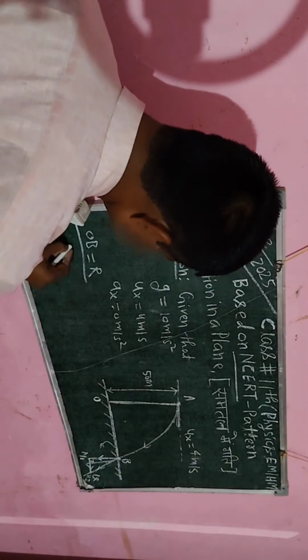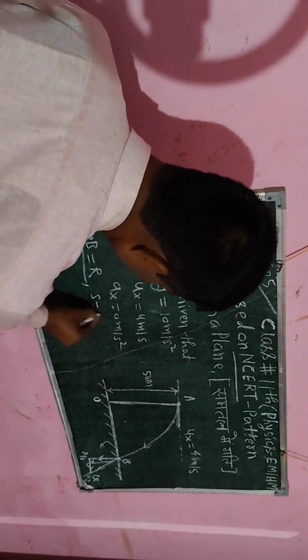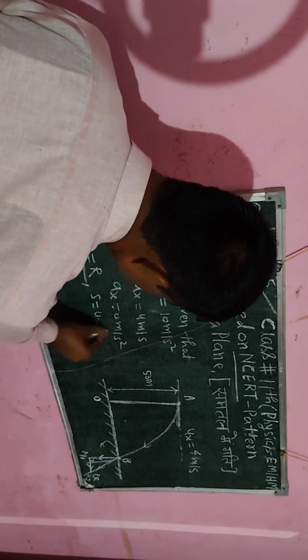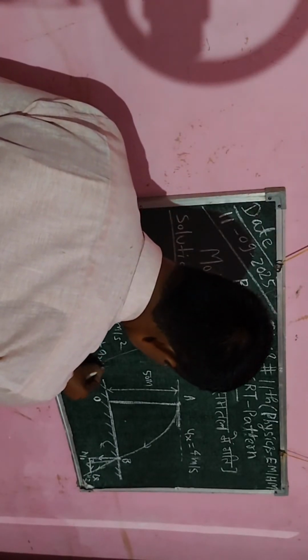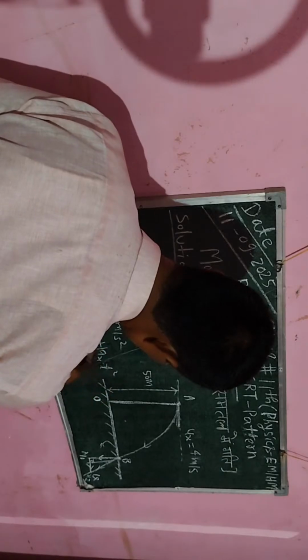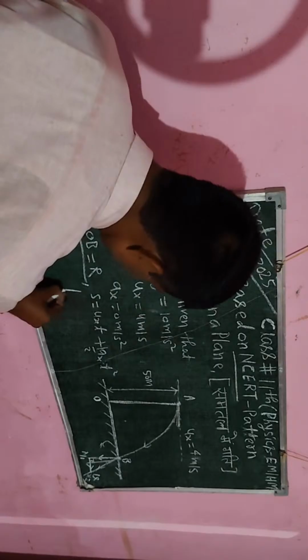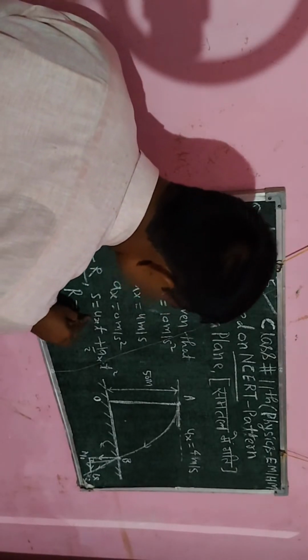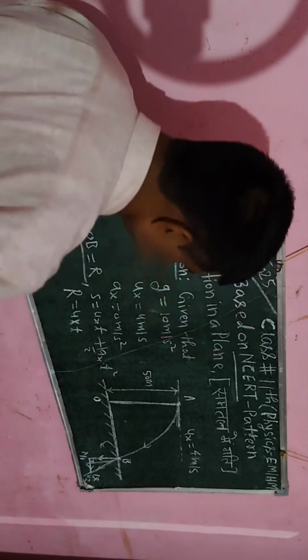Now the second equation of motion I have to write here. s is equal to uxt plus half ax into t square. Now in the place of s I have to write R, and in the place of ux I have to put 4, and I have to find the value of t.